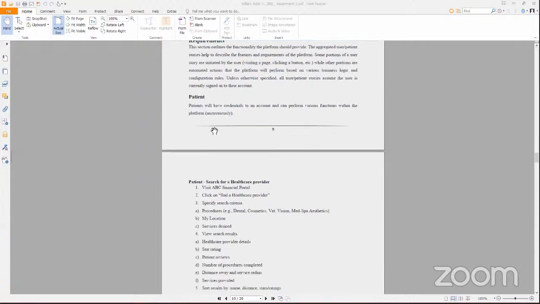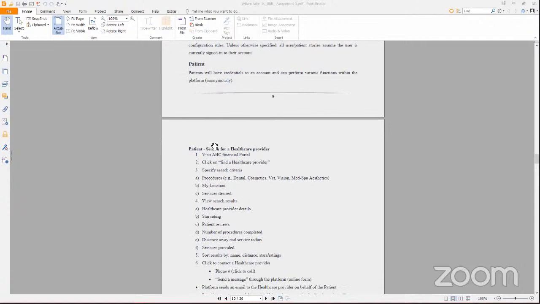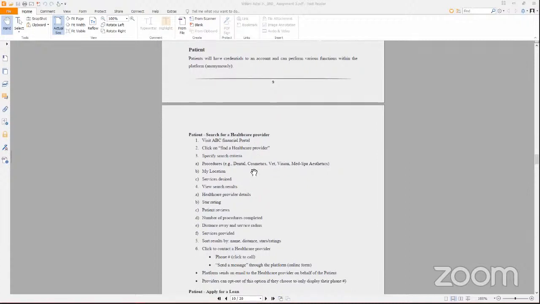So right here, we have a patient where they will have their account details, and they can perform various functions within the platform. And so the patient will search for a healthcare provider. This is just like a flow chart of how things should go on the platform.